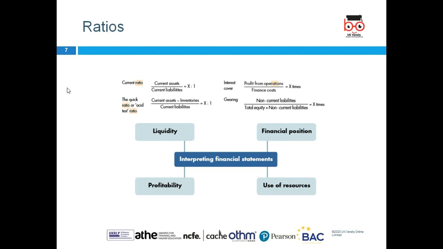The gearing ratio is non-current liabilities divided by total equity plus non-current liabilities. The interest cover ratio and the gearing ratio are the two ratios lenders are especially interested in. Then we look at the profitability ratios and use of resources.